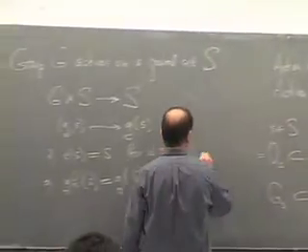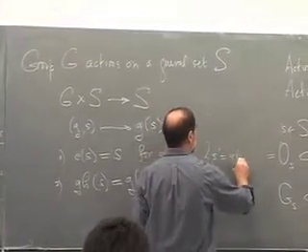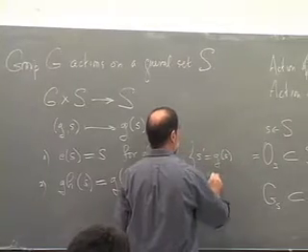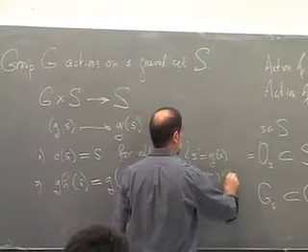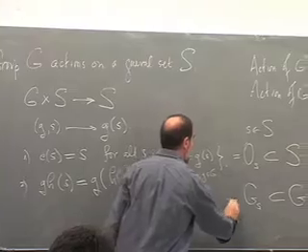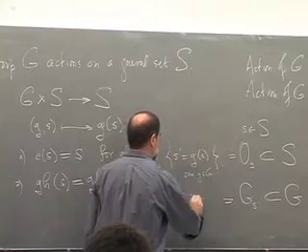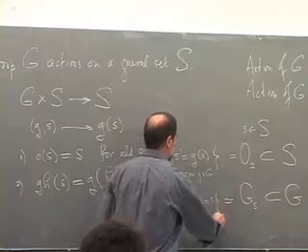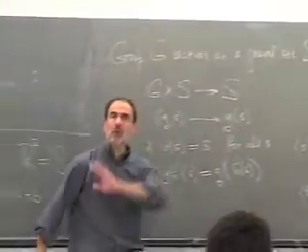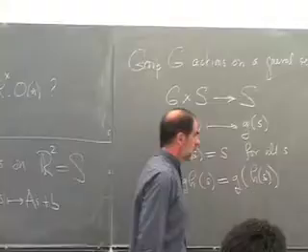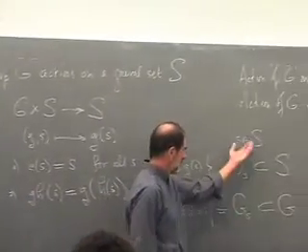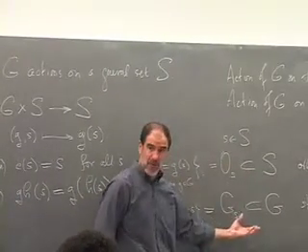So this is the set of S prime equal to G of S, for some G in G. And the stabilizer is the subgroup that fixes S. So those things are used all the time for a group action. They're the 2 most important things to do. For each point, you get the orbit and you get the stabilizer.